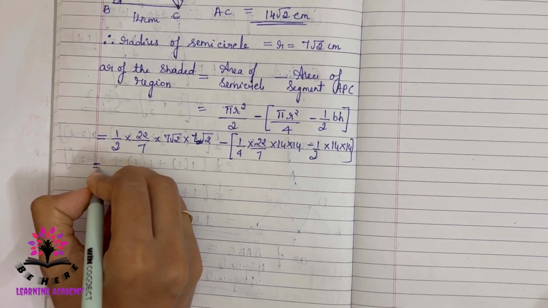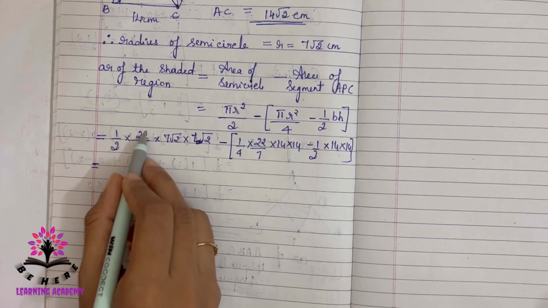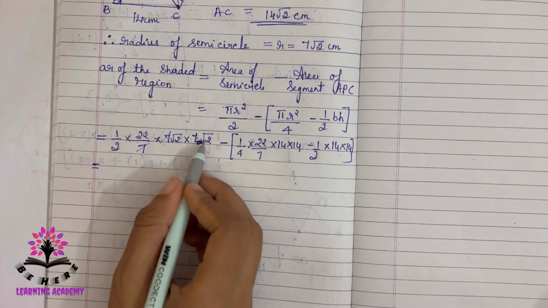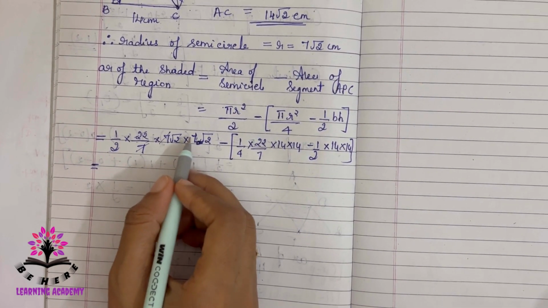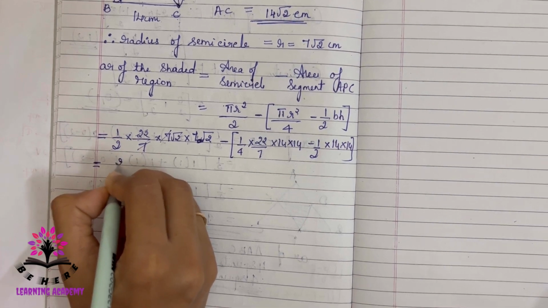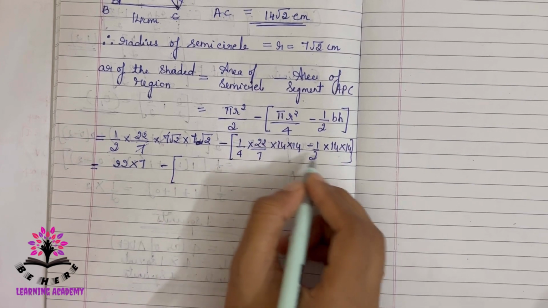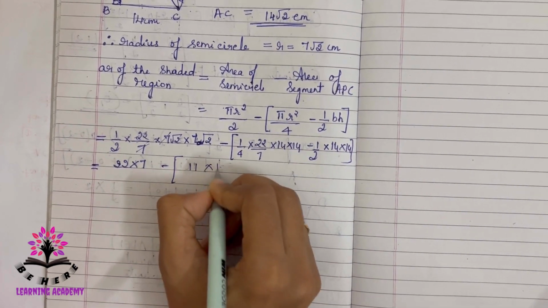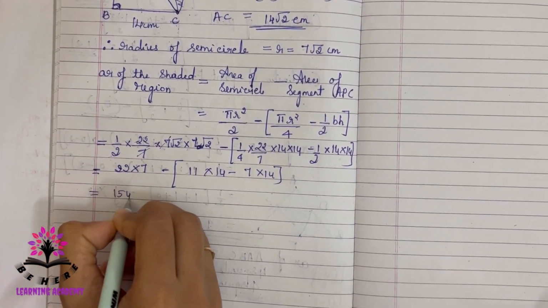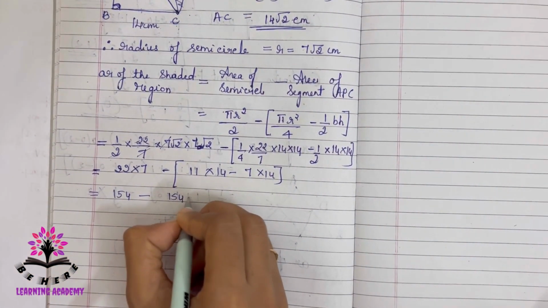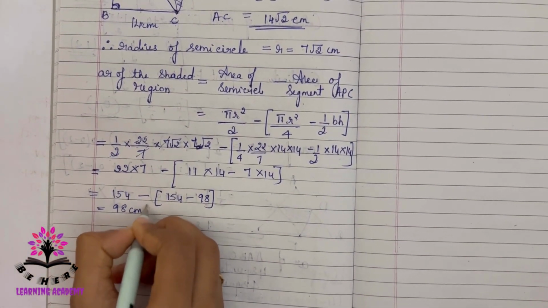So further substitution, you can cancel all the terms. Here 2 ones are 2, 11s are 7 and 7 cancel. Root 2 becomes, here root 2 whole square, root and square cancel. The remaining terms will be 22 into 7. Minus, here also after cancelling the common terms, the remaining terms will be 7 into 14. So it is 154 minus 98, that is equal to 98 centimeter square.